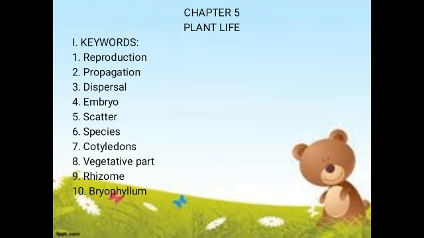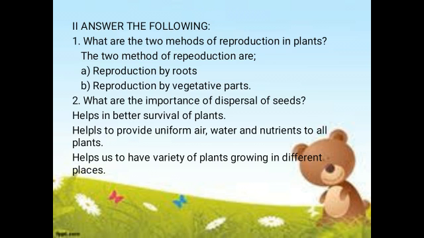These keywords and the following questions have to be noted down in your classwork note. I have posted these keywords and the questions in the classwork Google Classroom. Just go through that and note it down in your classwork note. This is your homework today.